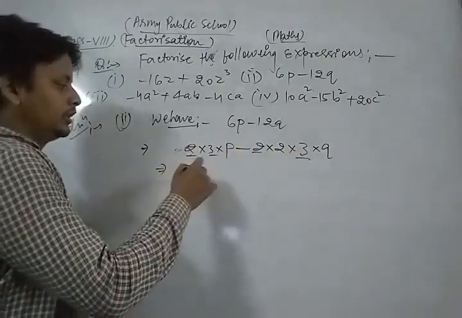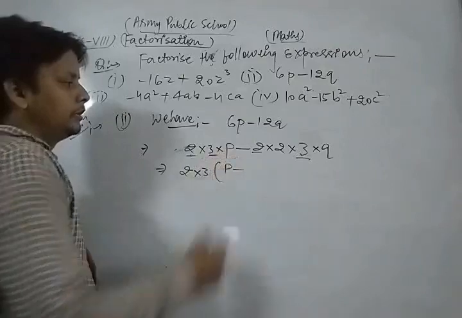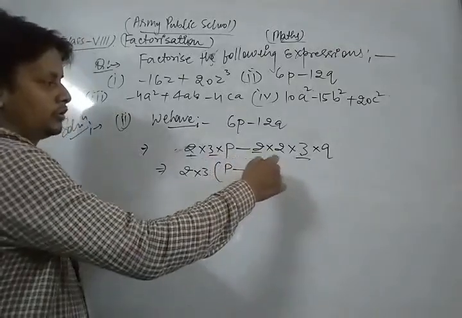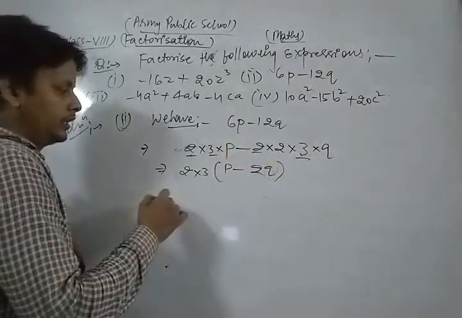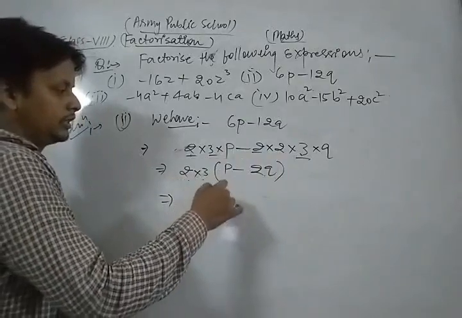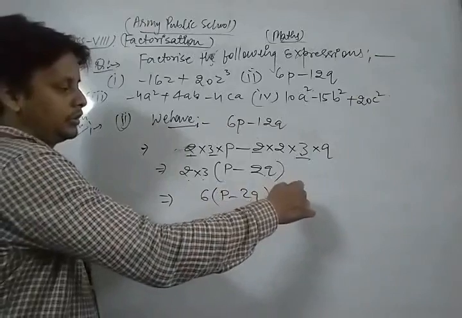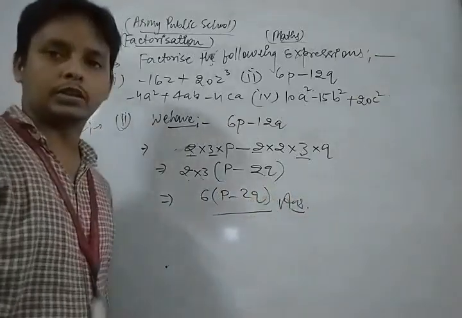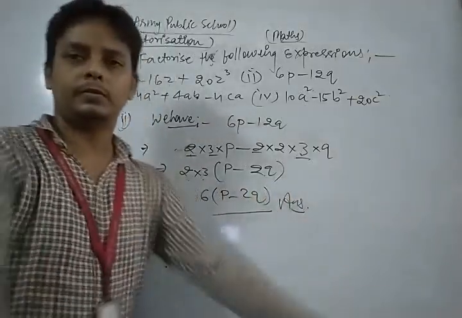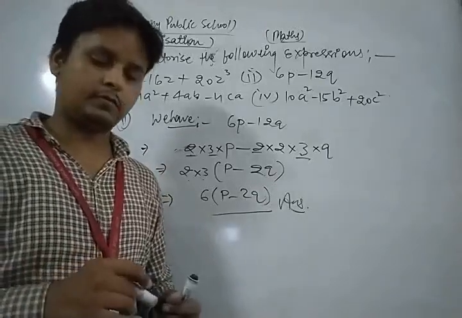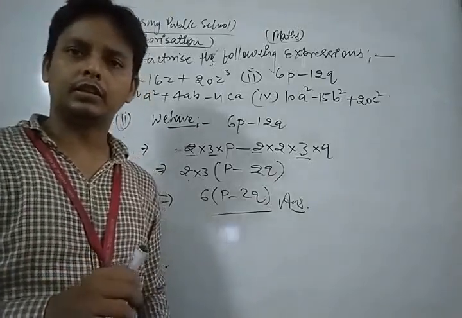So 2 into 3 taken common, we get 6 in bracket p minus 2q. So this is the required solution of the given question.